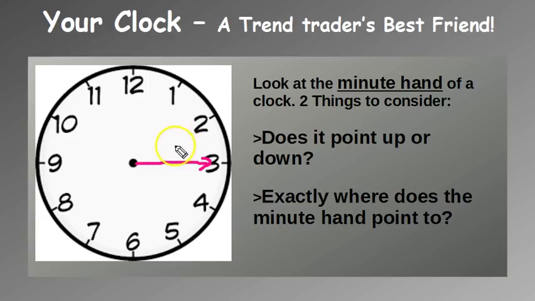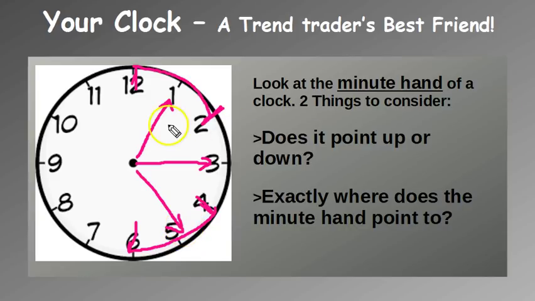So next, does it point up and down? We did that. Exactly where does the minute hand point to? Okay, if the minute hand is pointing up to here, anywhere between the 12 and 2 position, we are in a strong uptrend, okay? And if the minute hand is pointing anywhere below the 4 to the 6th position on the clock, right, we are in a strong downtrend.